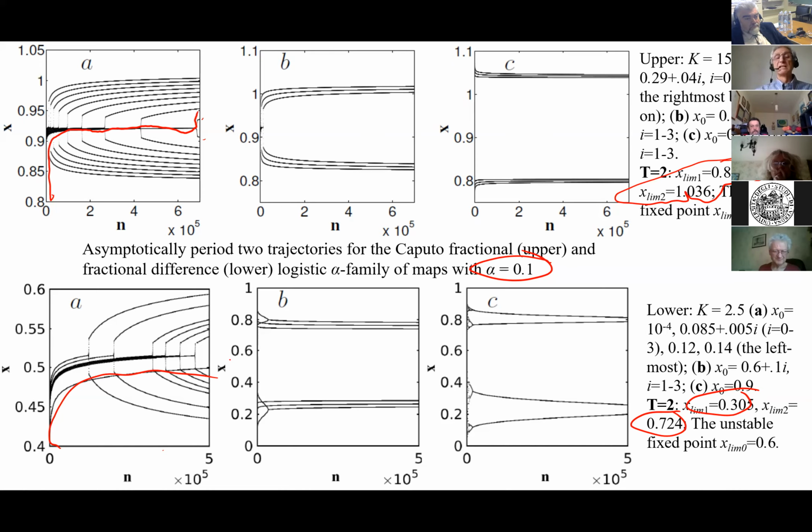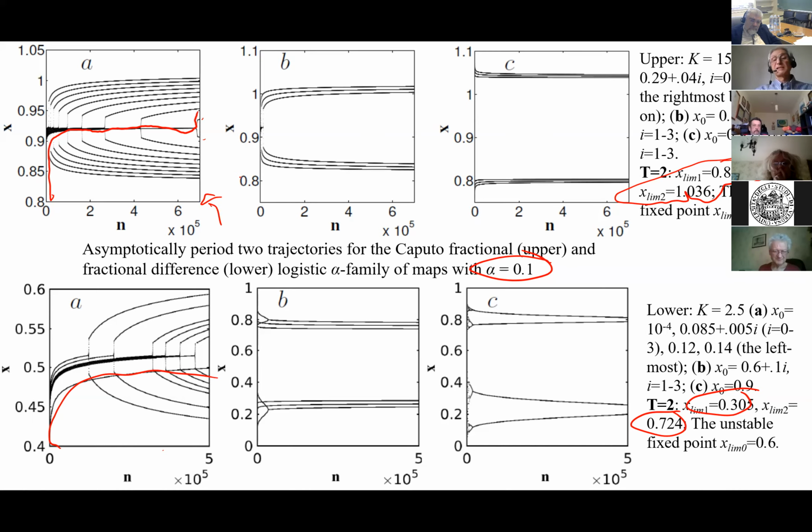If it were a stable fixed point, the system would converge its solution to that fixed point. Here the fixed point is unstable, but there is power law convergence to this point, and it may continue for millions of iterations, like here.